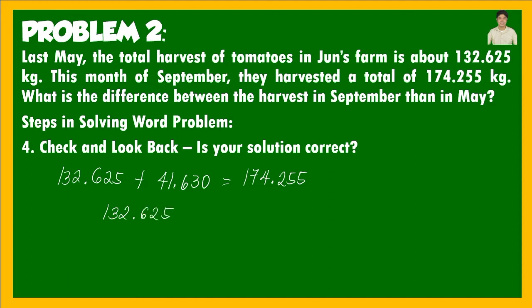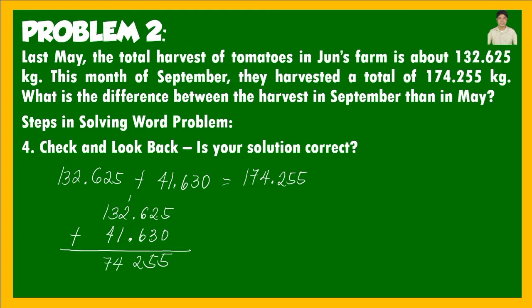So 132.625 plus 41.630. 5 plus 0, that is 5. 2 plus 3, 5. 6 plus 6, we have 12. So we'll write 2. And then carry 1. So 1 plus 2, 3 plus 1, 4. 3 plus 4, that is 7.